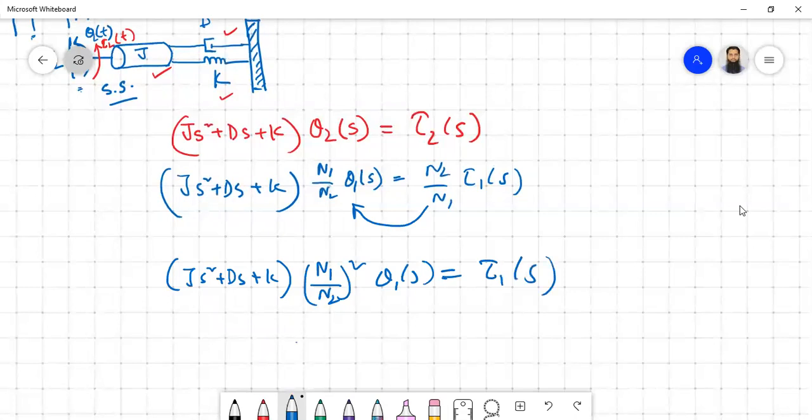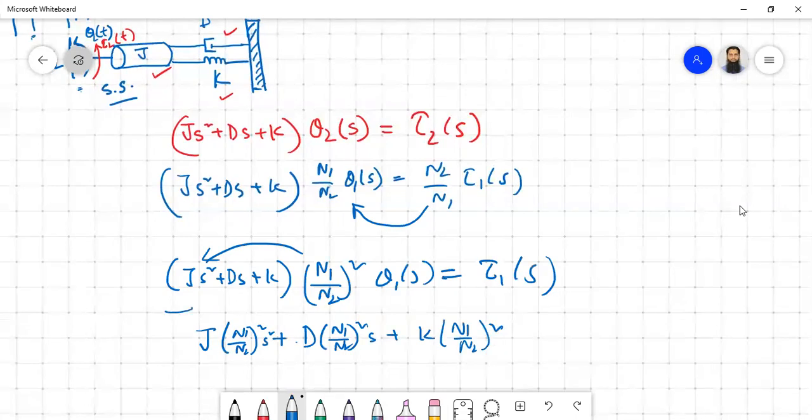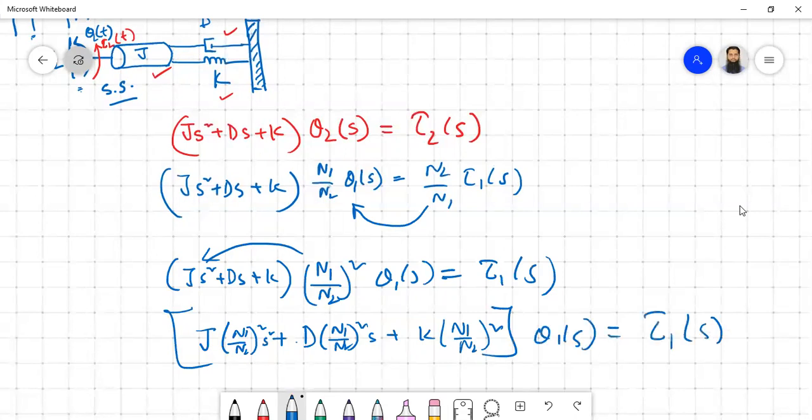We can insert this inside the bracket. So what we get is J times n1 by n2 whole squared s square, don't forget the s square, plus D times n1 by n2 whole squared s, plus K times n1 by n2 whole squared. Then you have theta 1(s) equal to tau 1(s).